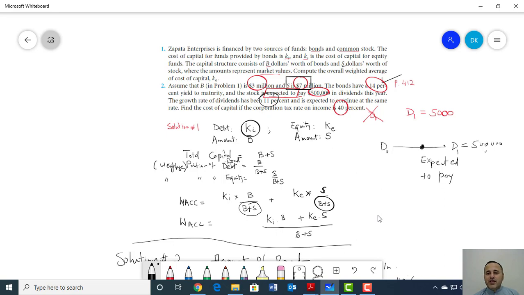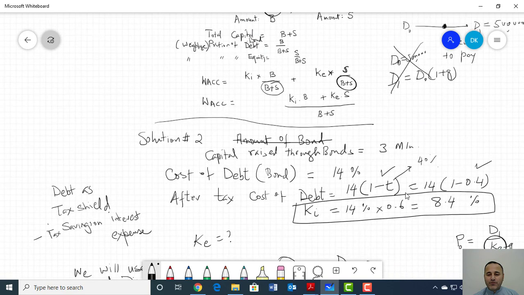If the wording was that the company already paid $500,000, then D0 would have been 500,000, and in order to calculate D1, you would have multiplied D0 by 1 plus G. But since the wording says expected, we consider 500,000 as D1, not D0.